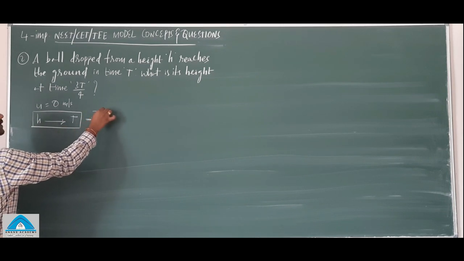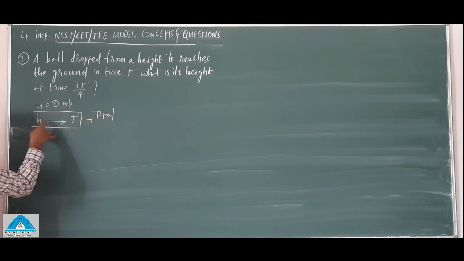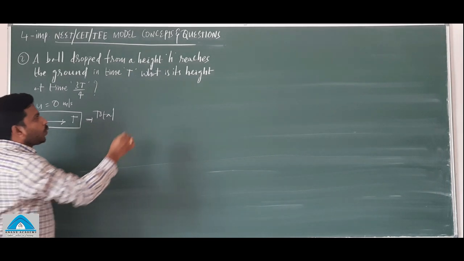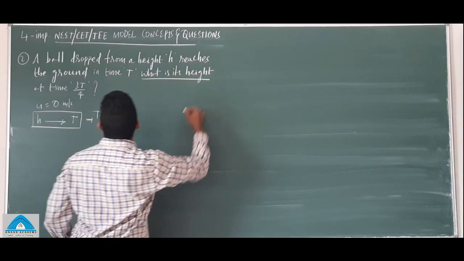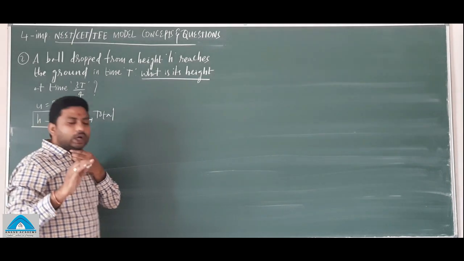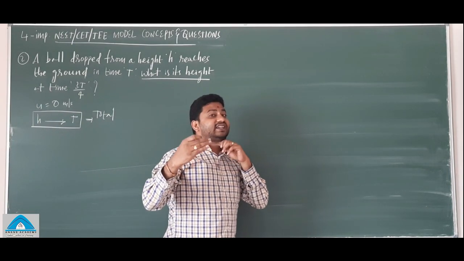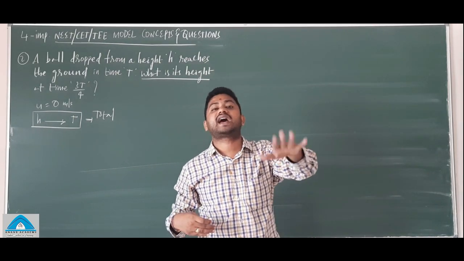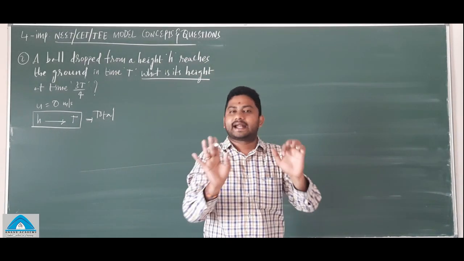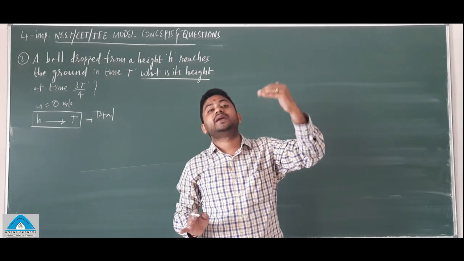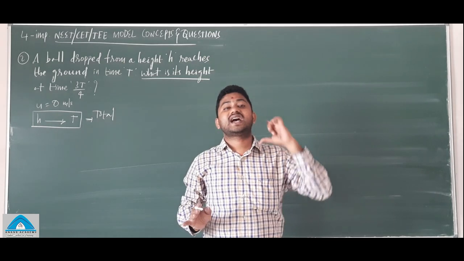Now, what is its height at the time 3t by 4? They are not asking how much distance is travelled by the body after time 3t by 4. They are asking what is the height of the body after 3t by 4.